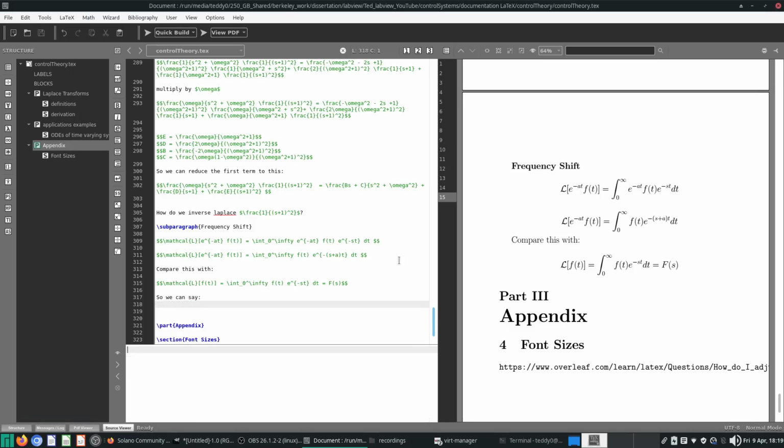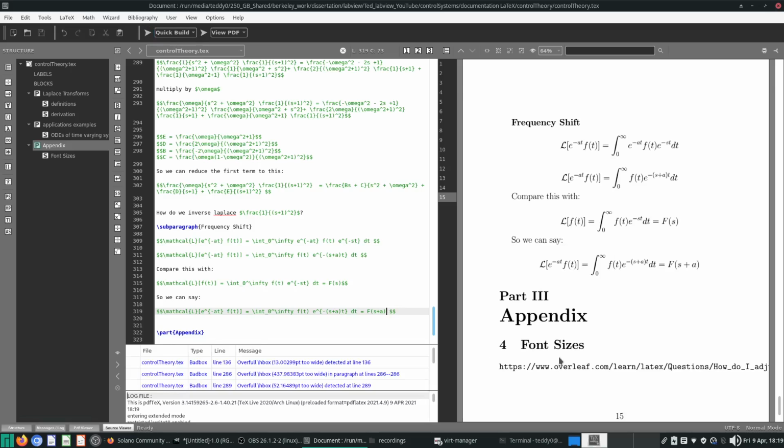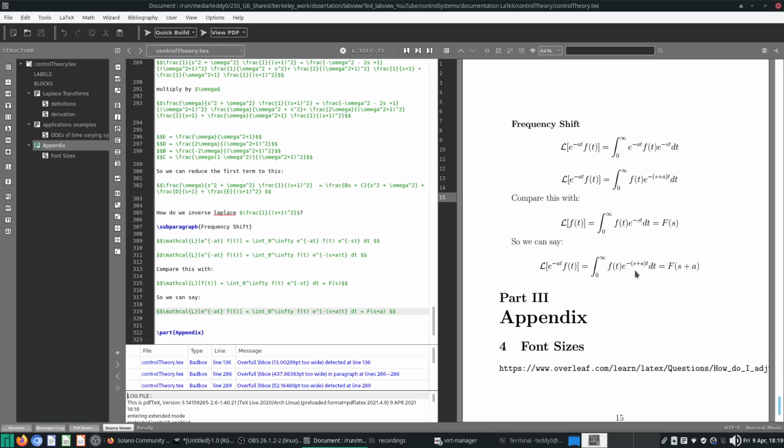So when you have this exponential, the Laplace transform of e to the minus at times f of t is equal to this Laplace transform, except everywhere you see s, you replace it with s plus a.